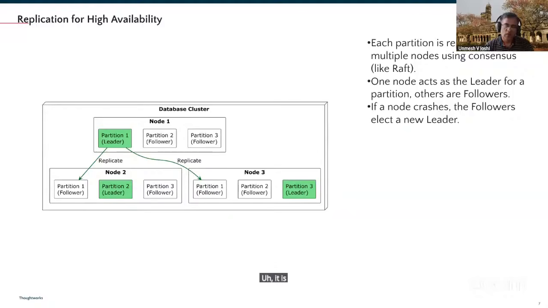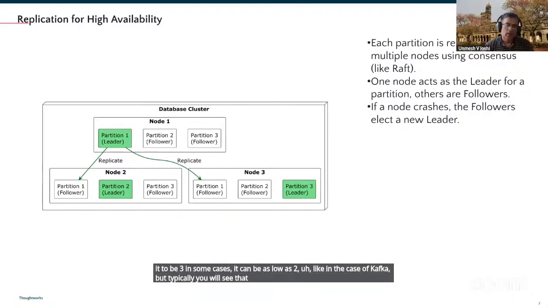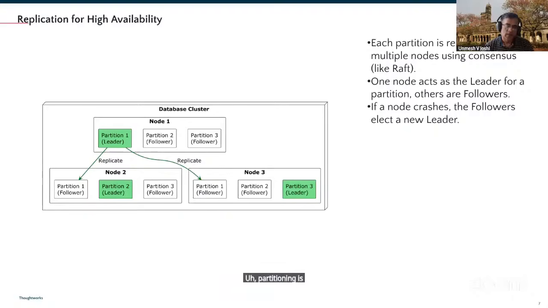It is almost always replicated on at least three nodes. So your replication factor, you will typically find it to be three. In some cases, it can be as low as two, like in the case of Kafka. But typically, you will see that every partition is replicated on at least three nodes.